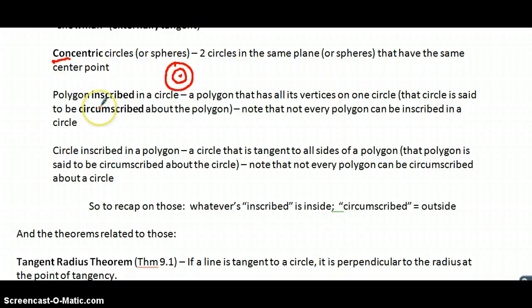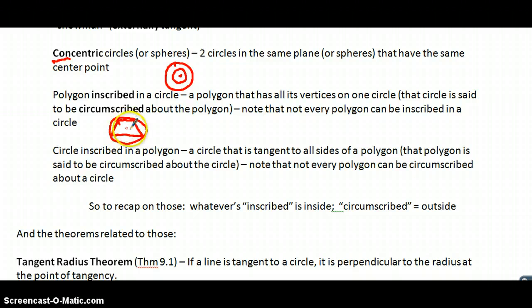Polygons inscribed in a circle, or circles that are circumscribed about the polygon. And then notice I have the whole same thing here, but the terms are just backwards. In this first version, I'm talking about a polygon inscribed in a circle. So there's a circle, and then there might be some polygon inscribed in it. Some random thing, looks kind of like a trapezoid.